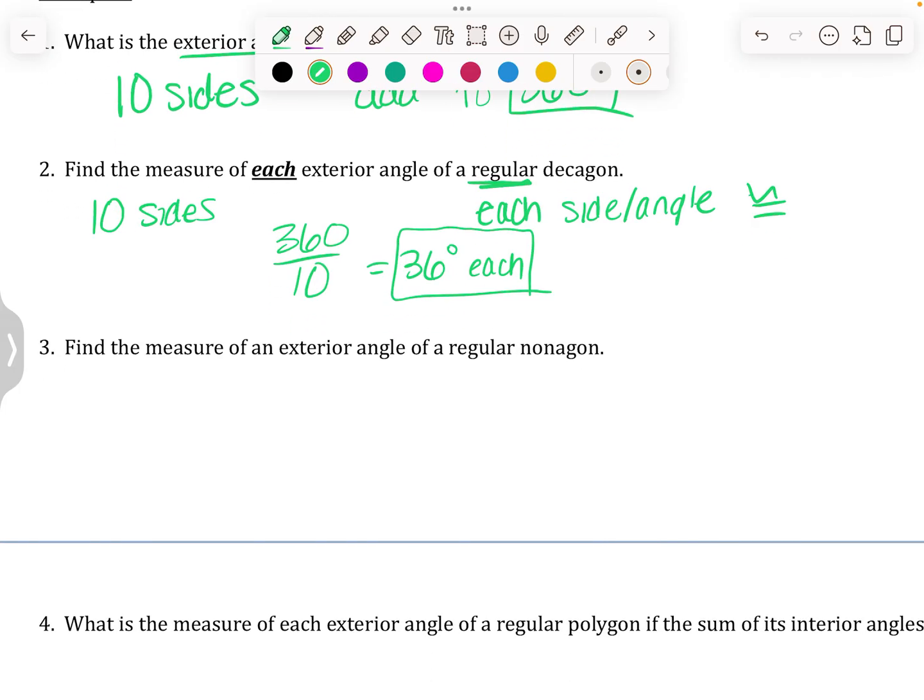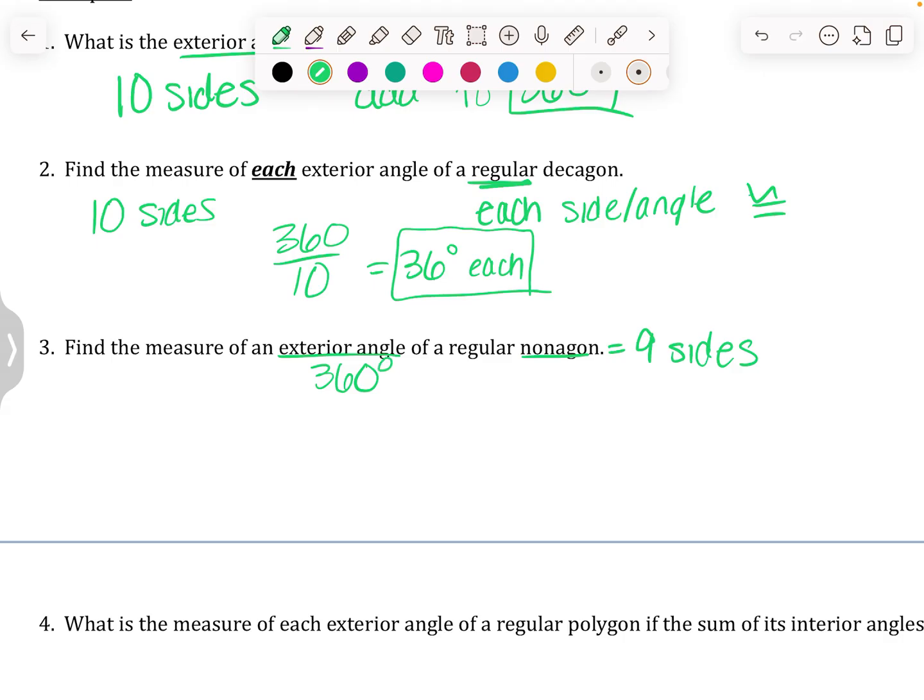Now find the measure of the exterior angles of a regular nonagon. So nonagon, remember, means that it has 9 sides. The exterior angles always sum to 360 degrees. It does not matter how many sides it has.